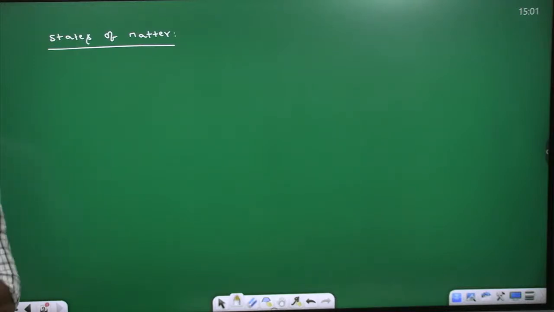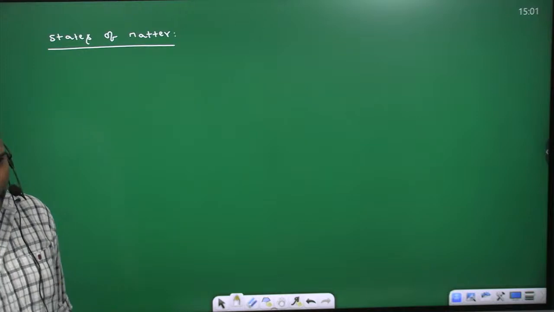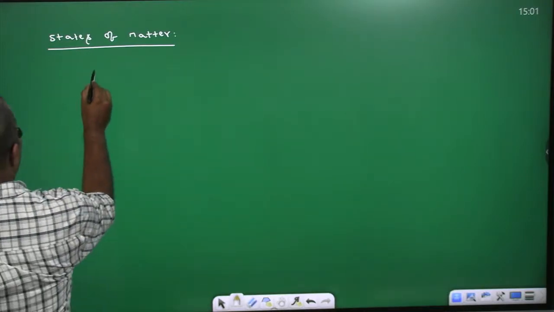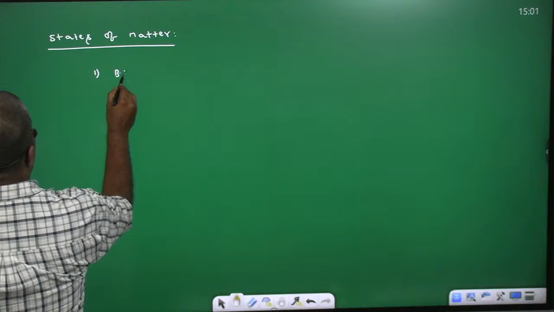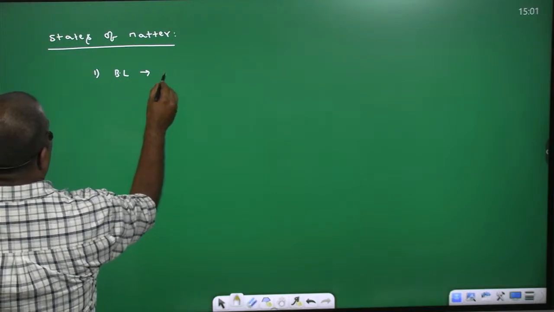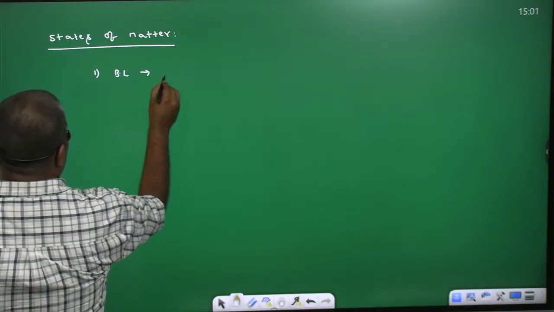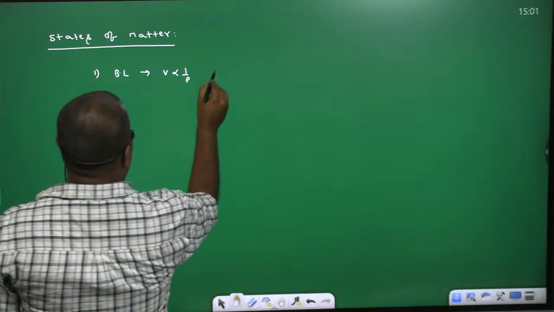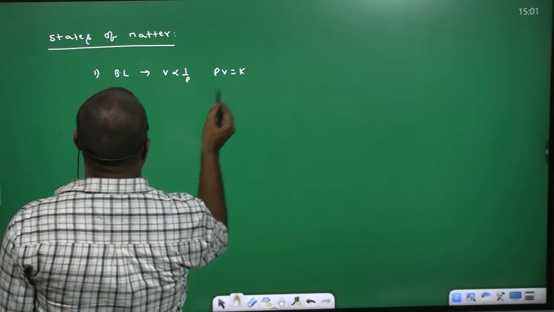Coming for the states of matter, first we have gaseous laws. Based on gaseous laws, what is the first one? Boyle's law. What is Boyle's law? V is inversely proportional to P, so we can write PV equal to some constant K.